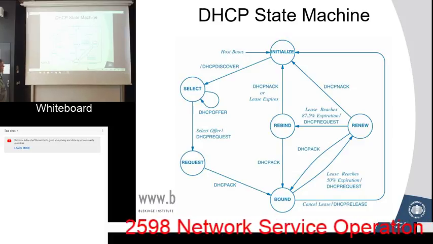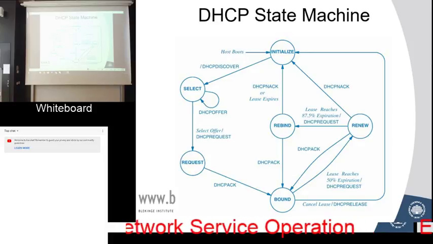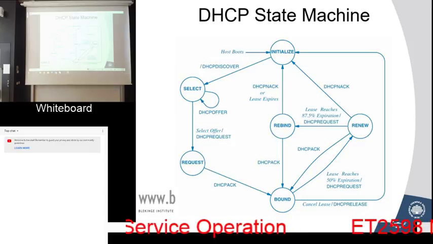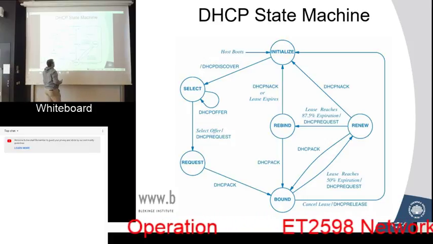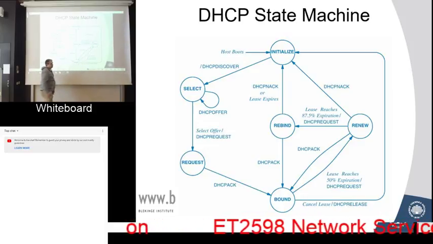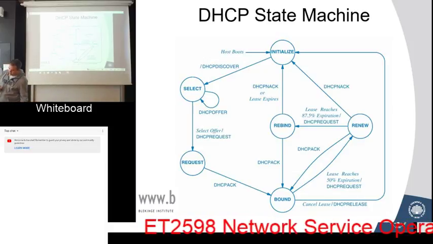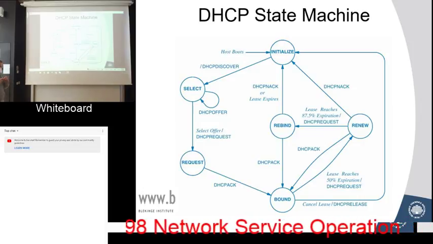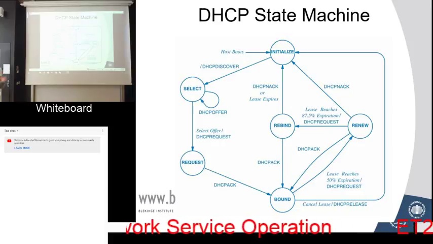So you have initialize, select, request, bound, renew. These are the predominant ones. Normally, you go through this once, and then you're being cycled around these. But the point to remember here is that during the lease time, the client has the IP address.